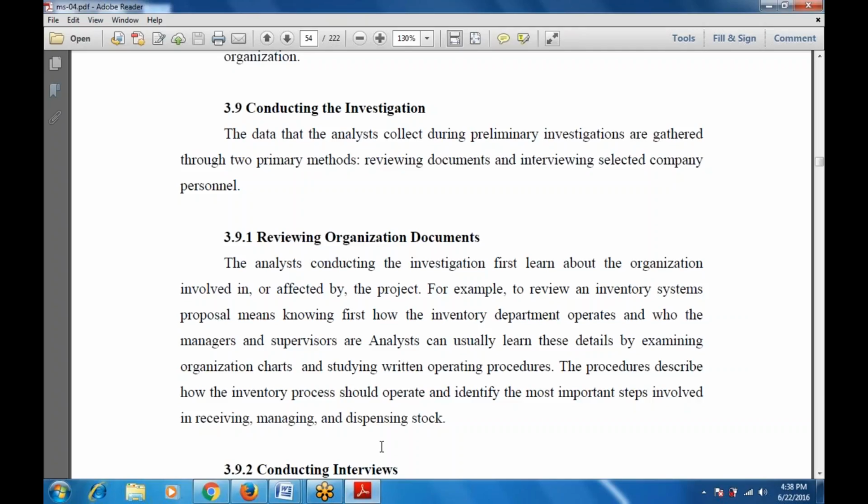For example, to review an inventory system proposal means knowing first how the inventory department operates and how the managers and supervisors work. Analysts can usually learn these details by examining the organization chart and studying the written operating procedures. These describe how the inventory process should operate and identify the most important steps involved in receiving, maintaining, and dispensing the stock.